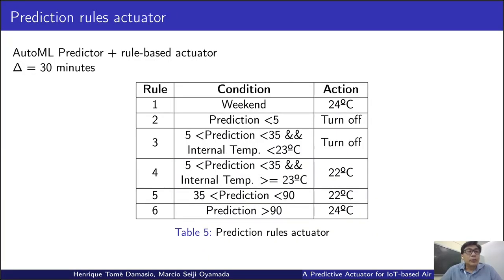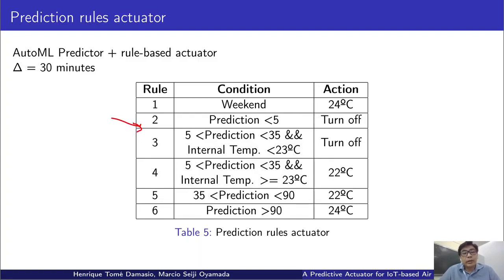So, in the Predictive Rules Actuator, we decided to use the AutoML predictor and change the rules to use the prediction of the energy consumption in order to configure the air conditioner unit. For instance, if the predictor returns a low demand of energy consumption, the actuator turns off the air conditioner.